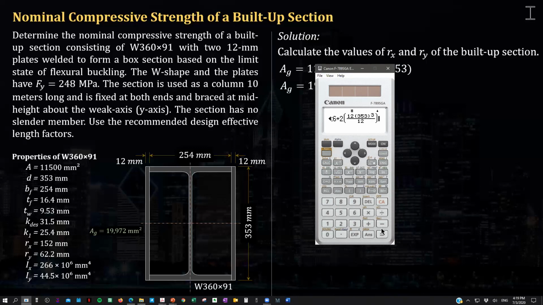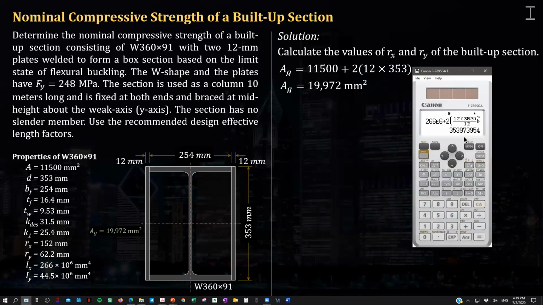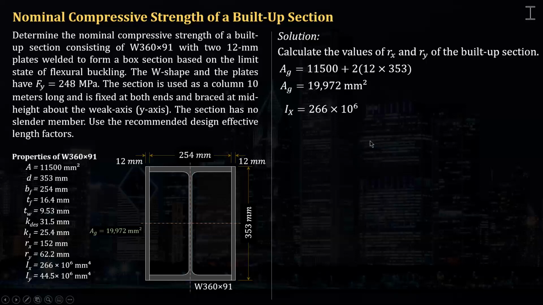That will give us 353.97 times 10 raised to 6 millimeters raised to 4, the moment of inertia of the built-up section. Next, let's calculate rx.